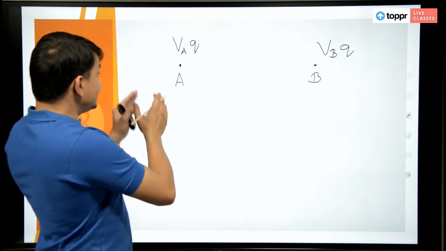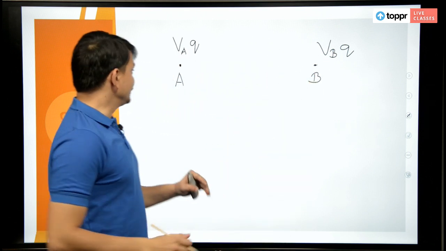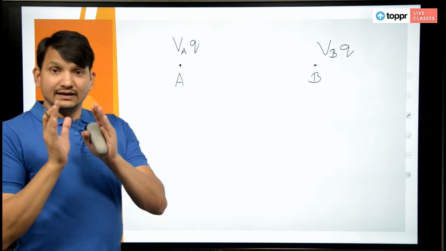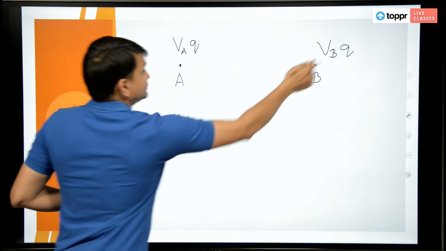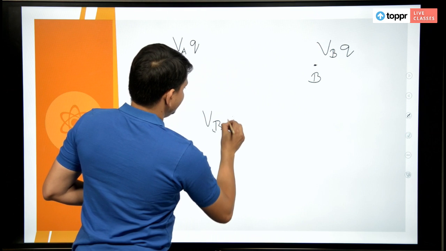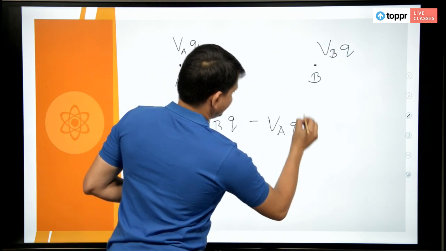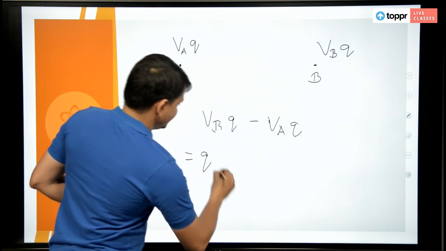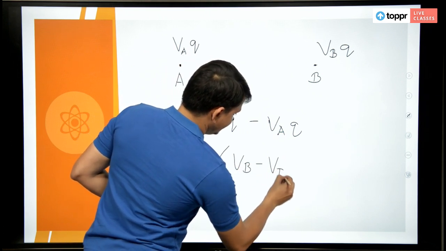Now the work done moving from here to there would be final electrostatic potential energy minus initial. So this minus this: VBQ minus VAQ. We can say this is equal to Q times (VB minus VA).